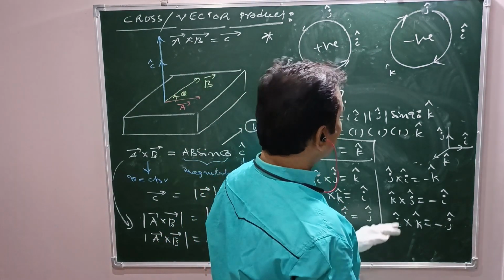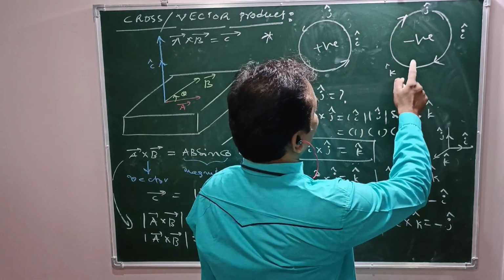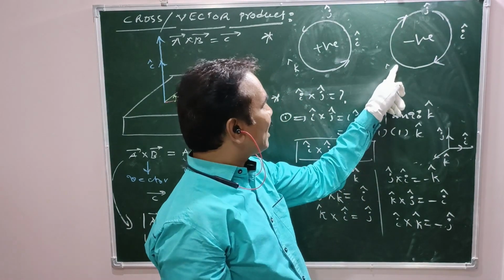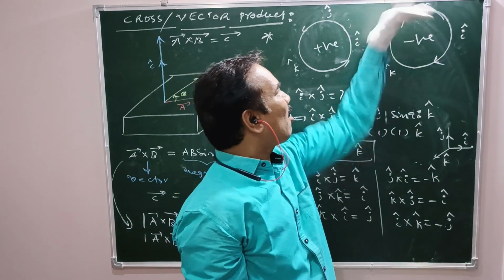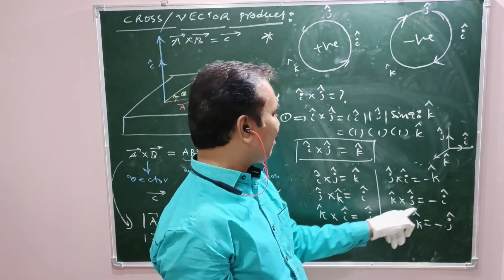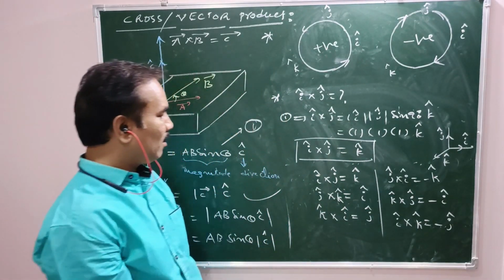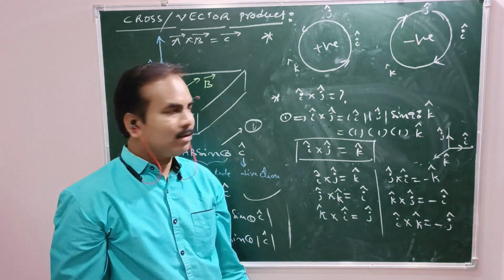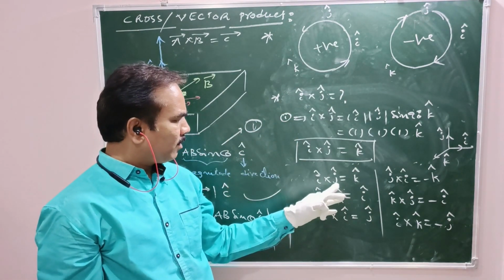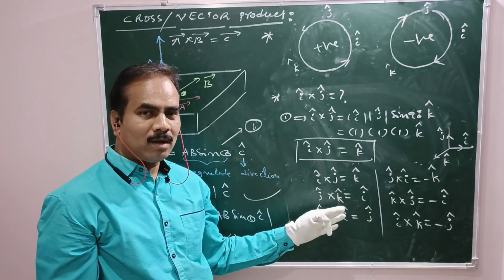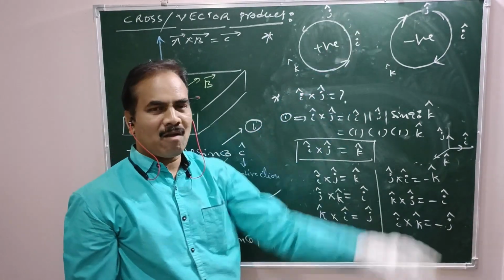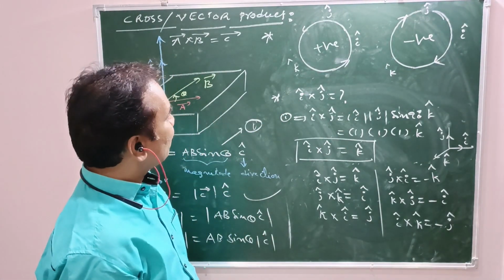Then k cross j means from k cap to j cap, once again clockwise sense, so k cross j equals the other unit vector with negative sign, minus i. So this is a shortcut to assign the cross product of any two orthogonal unit vectors. One is clockwise sense, another is anti-clockwise sense.